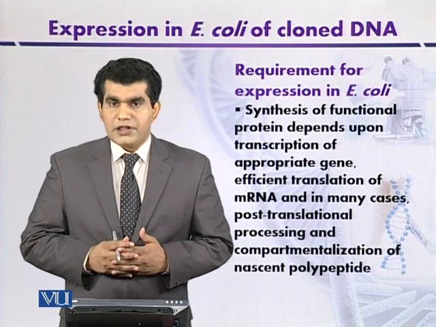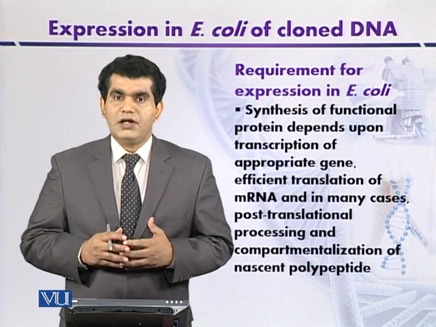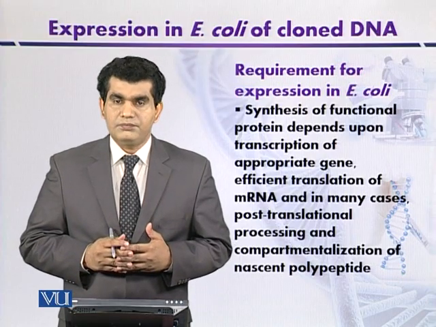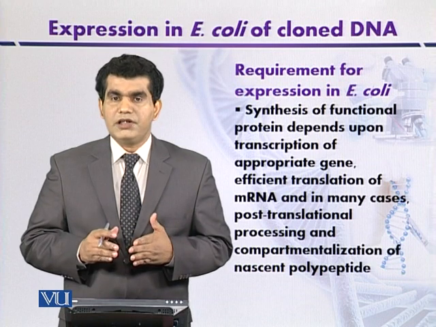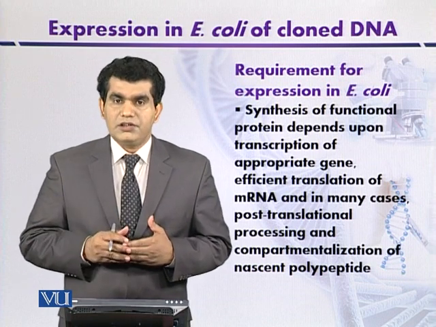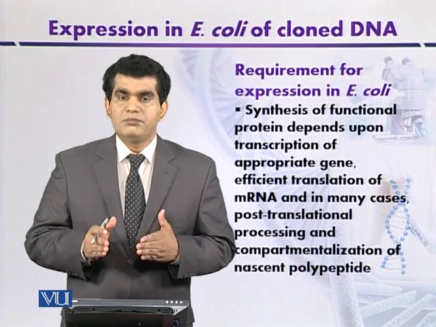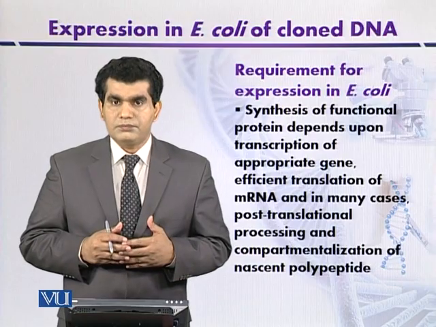In addition to that, there must be a ribosome binding site on the messenger RNA. And the ribosome binding site is provided by a short stretch of nucleotide bases that is present upstream of the start codon.